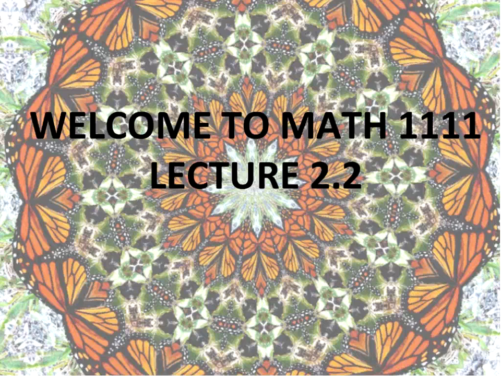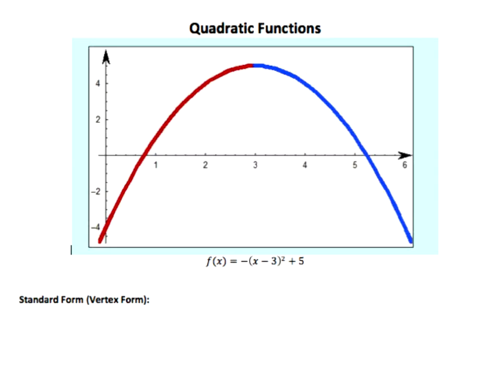So I'm going to go ahead and get started here. All right, so the first form that we come to in this textbook is called standard form of a quadratic function. And most textbooks that I've taught out of actually call it vertex form, so that's why I put that in parentheses.